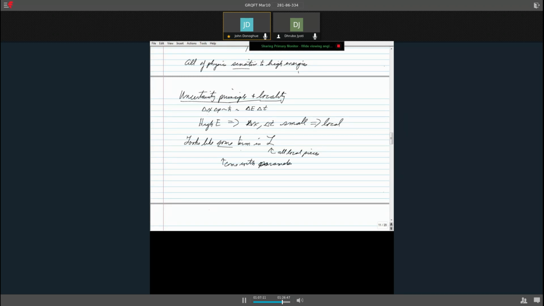The answer has to do with the uncertainty principle and locality. The basic point is that from the uncertainty principle, delta x delta p is h bar, delta E delta t, that very high energy stuff corresponds to very short distances and very short times.